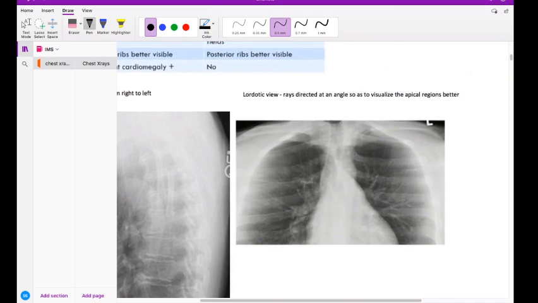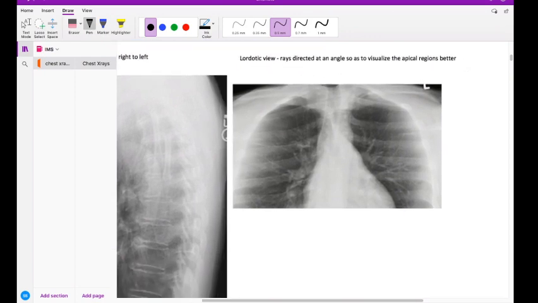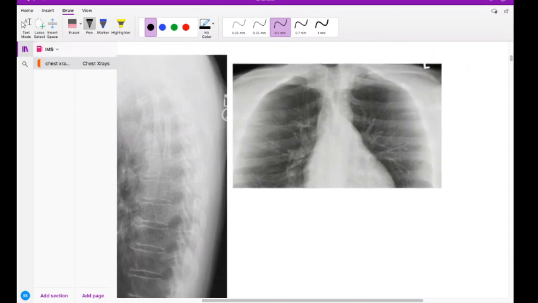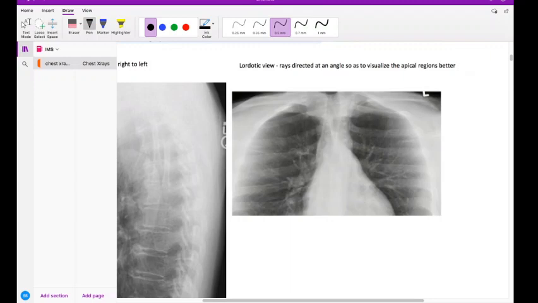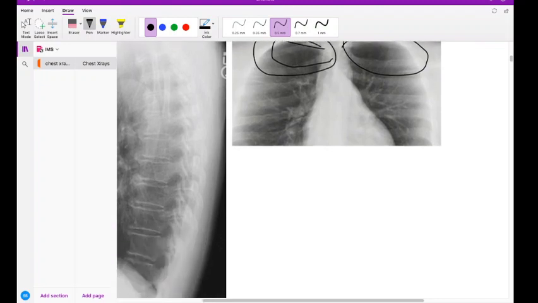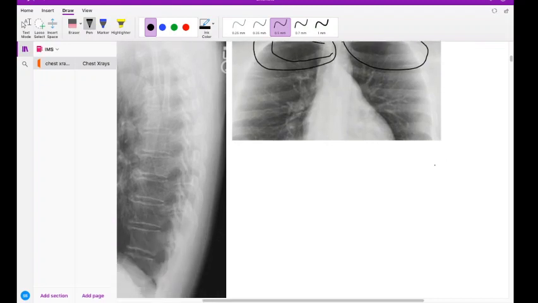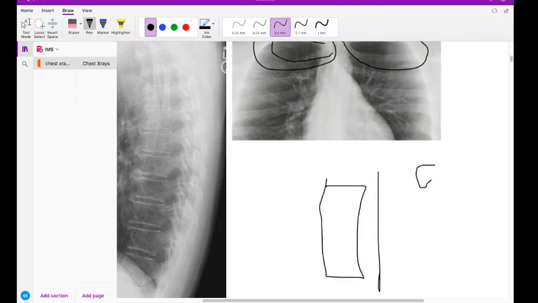And this is the lordotic view. We use lordotic view to visualize the apical regions better, to see more clearly if we suspect any pathology in the apical regions. Suppose this is the patient's chest, and this is the plate where the X-ray image is going to be formed.